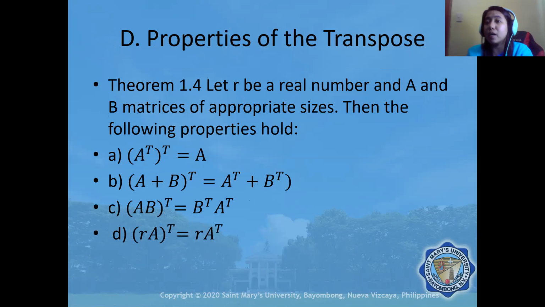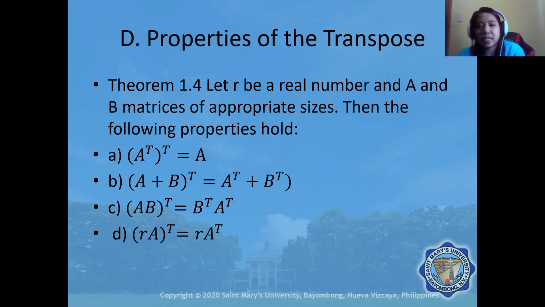So we also have here the properties of the transpose. Let's consider this as Theorem 1.4. If we let r be a real number and A and B matrices of appropriate sizes, then the following properties hold. If we transpose A transpose, you will of course just bring it back to its original matrix.